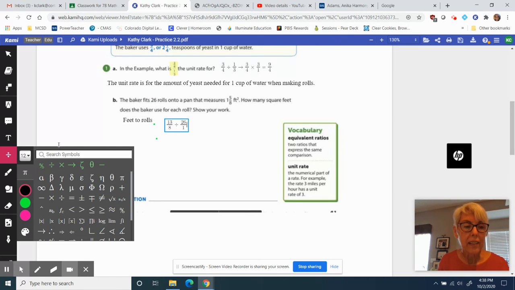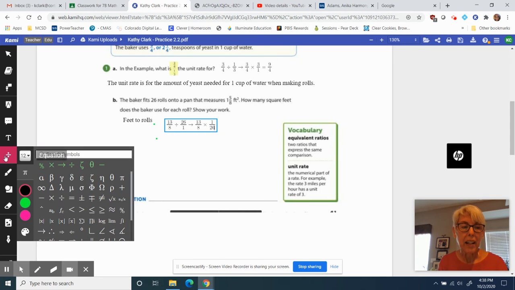And arrow over, we know that 13 over 8 multiplied by 1 over 26, so the reciprocal of that is the same thing. So 1 over 26.